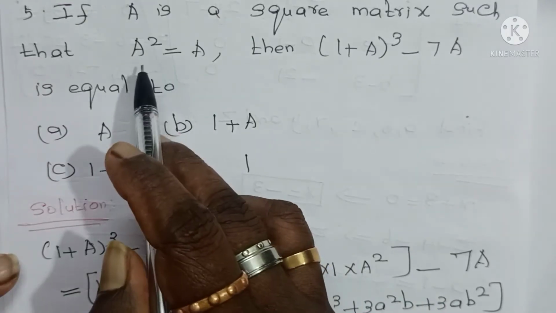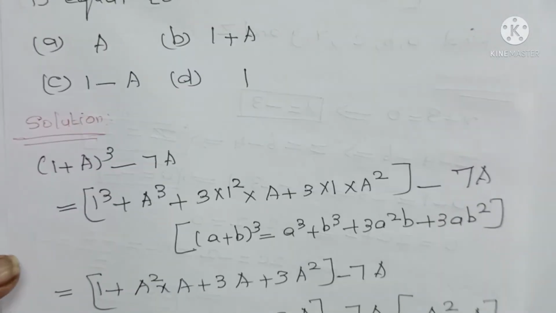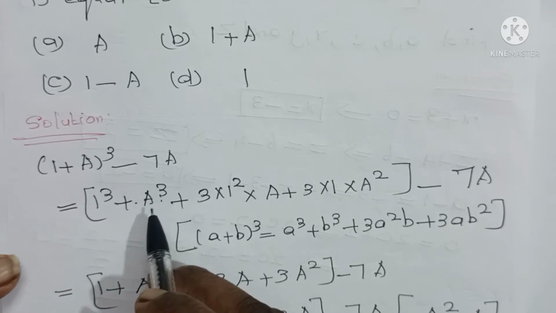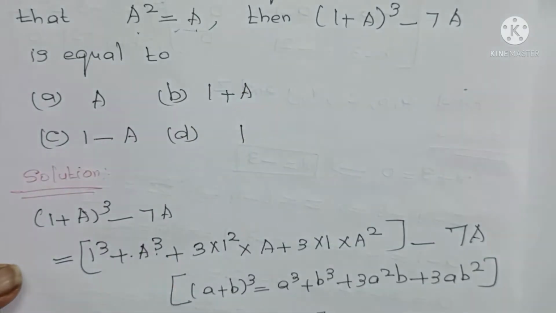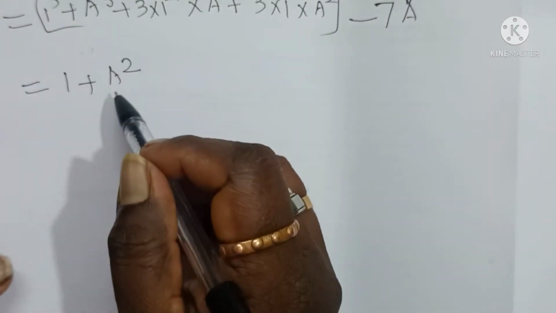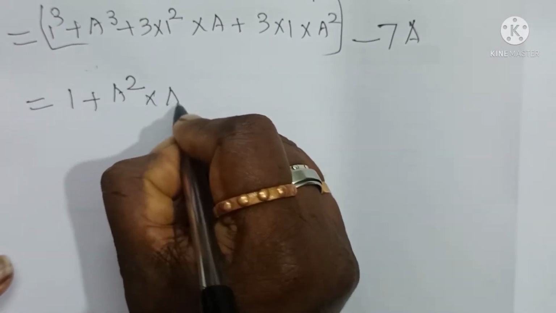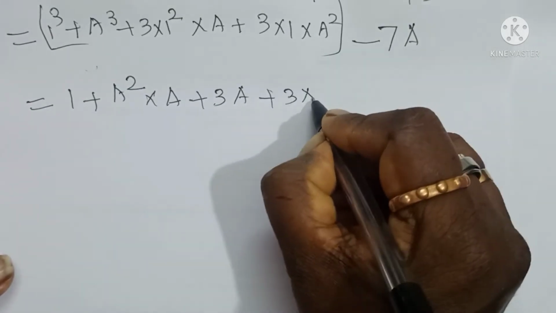They have given A square is equal to A. So we have to split this A cube into A square into A. Then only you can use this. So A cube is equal to A square into A, plus 3A plus 3 into A square.